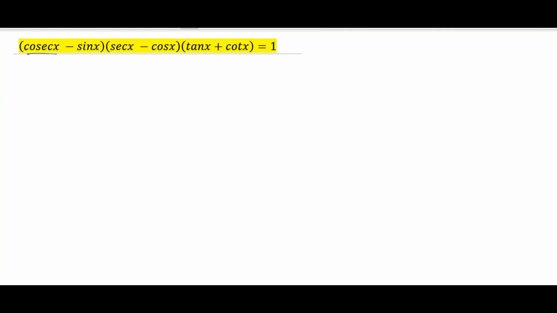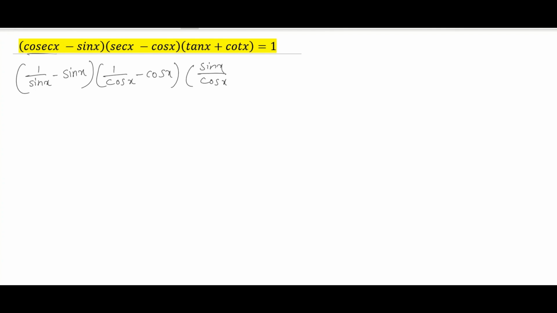Here, we know that as per the reciprocal identities, cosec is nothing but 1 by sine. We'll write this. 1 by sine x minus sine x. We have braces here. And sec x, secant is 1 by cos, minus cos x. And here tan is sine by cos.